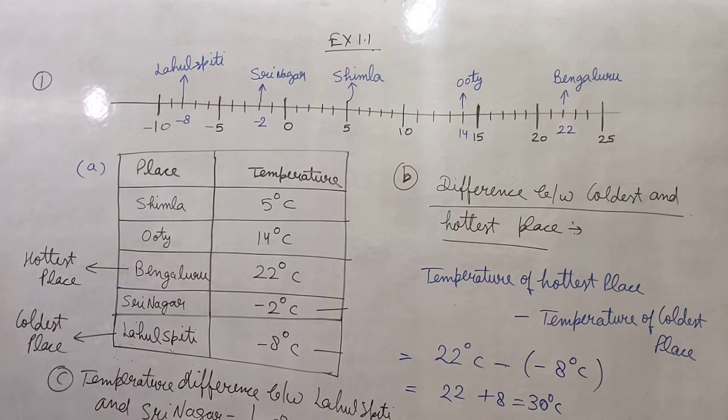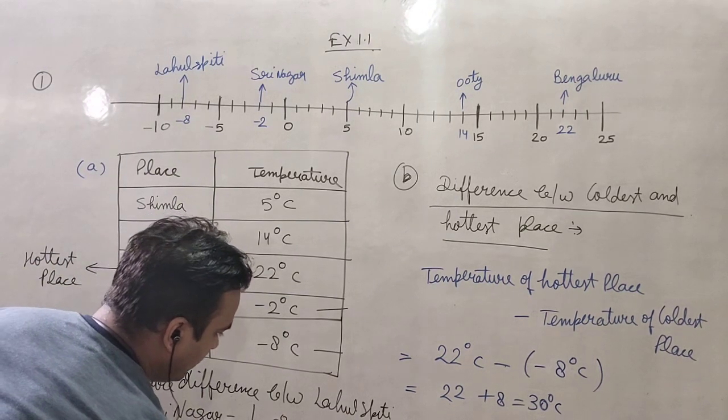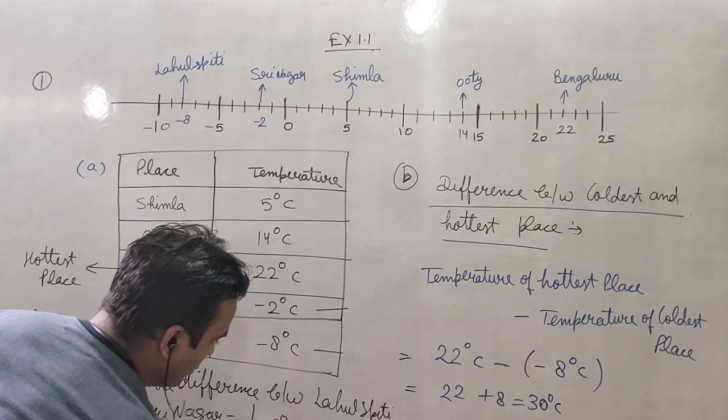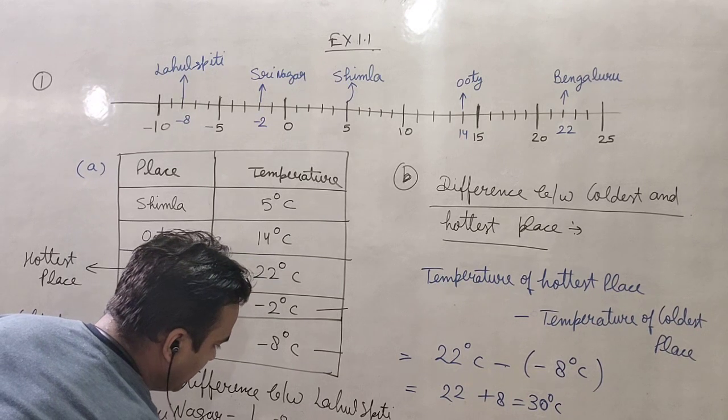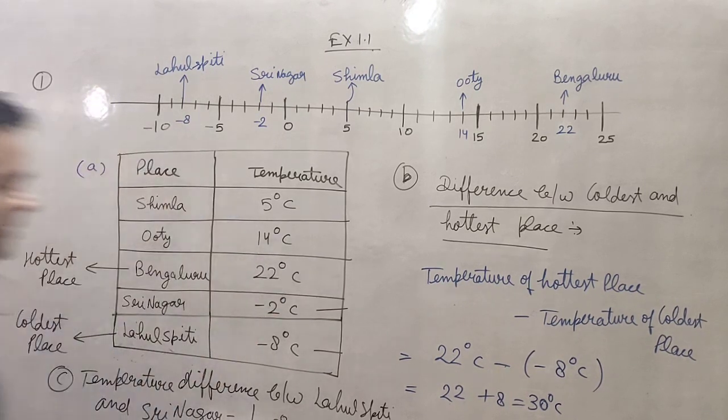That's why we are putting modulus here. So -8 minus (-2) will be -6 degrees Celsius, so we write 6 degrees Celsius, because modulus makes every negative number positive. So the temperature difference between Lahaul Spiti and Srinagar is 6 degrees Celsius. A difference in minus would be an inappropriate answer, right?